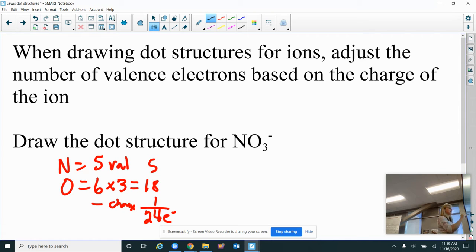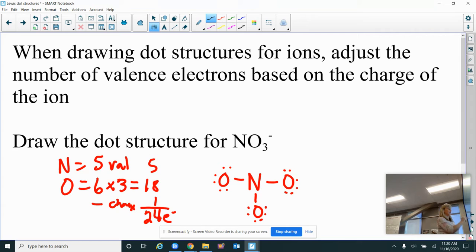So nitrogen has less valence, so it goes in the center. I always try single bonds first, and then give everyone the right number of electrons, so give everyone 8 if they're larger than boron, and let's see if that would be the right number of electrons.